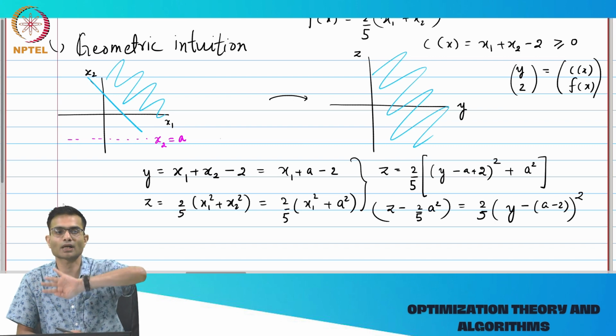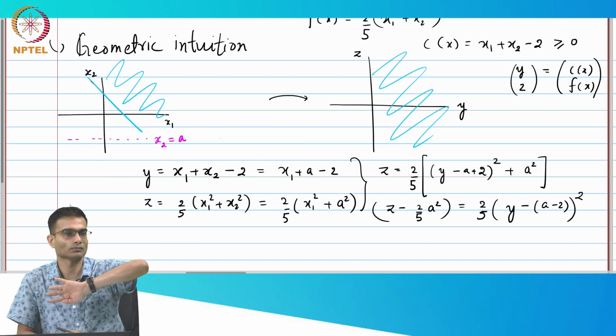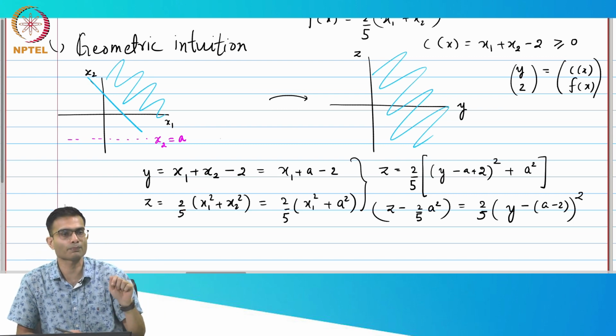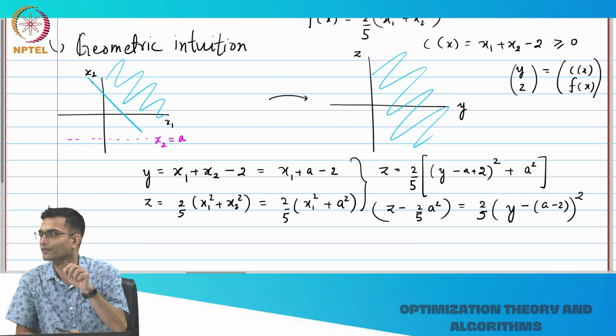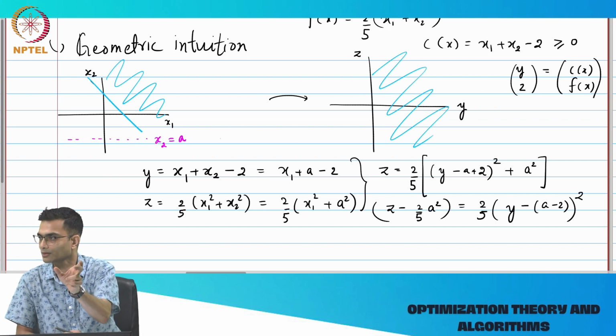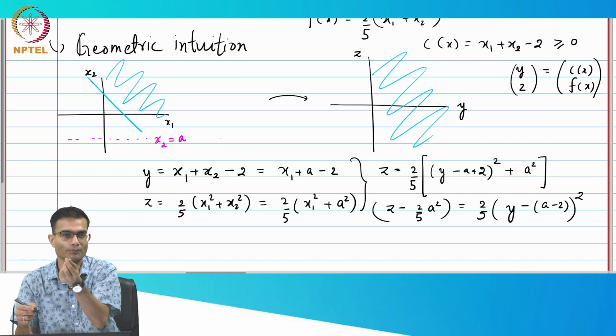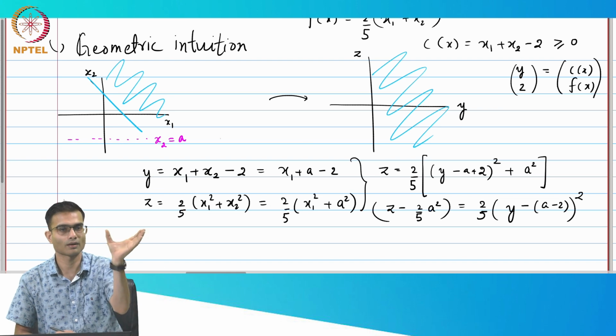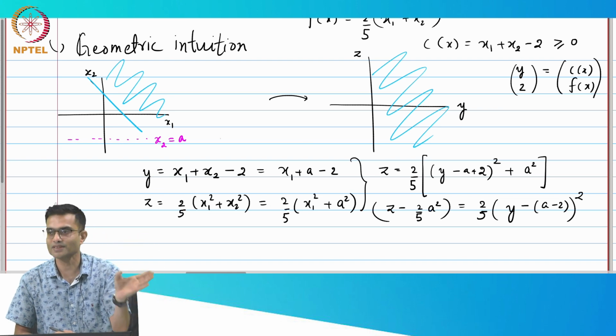The parabola is shifting up or down? It's always shifting up. For every time I put z equal to 2 by 5 a squared, I'm going to get 0 there, and therefore I can get that point, right? So I have these parabolas that are always increasing.